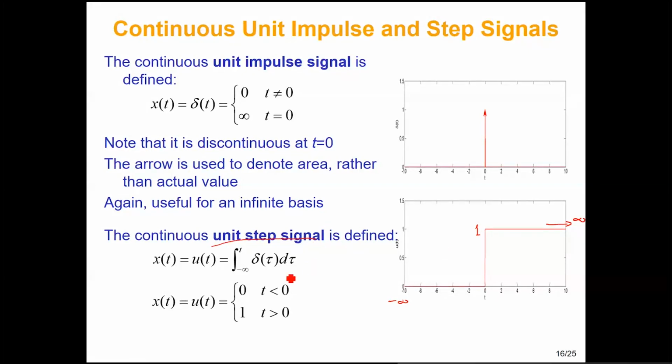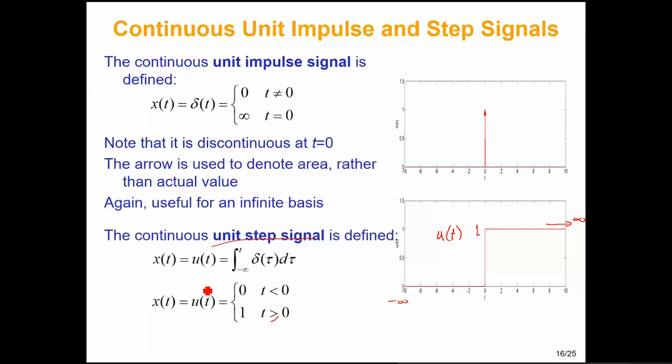So this is your unit step, and this is how we define it. We write it as u of t. So u of t is a signal which is 0 for all values of t from minus infinity all the way to 0. At t equal to 0, it becomes equal to 1 and then all the way to infinity it remains 1.